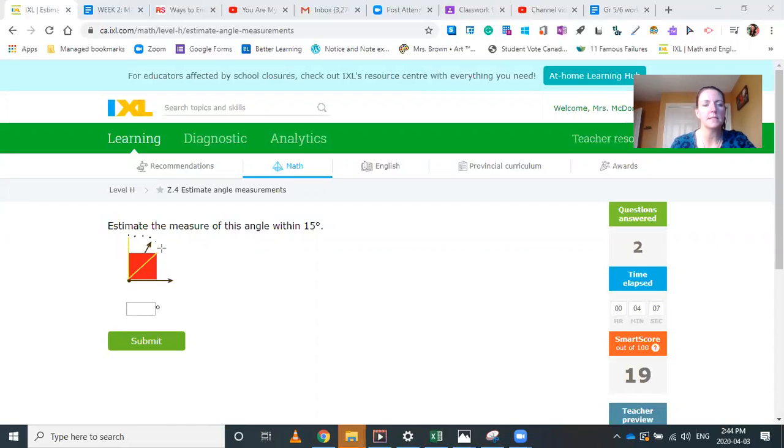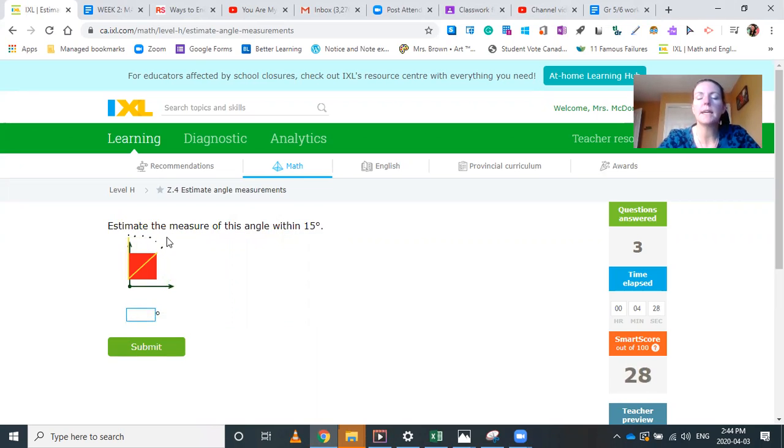So more or less, we are looking at 50 to 55 to 65. So maybe let's make it 60. Let's try 60 degrees and see what it likes about that. Great.